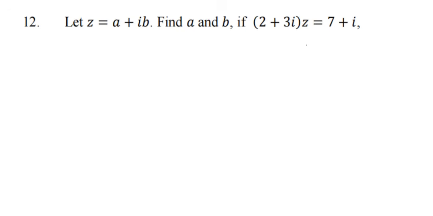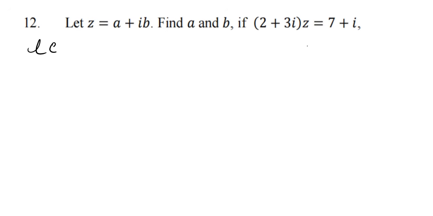Then we come to the last question in this tutorial sheet. Let z be that. Find a and b if that is that. Okay, so you can let the same expression. So we're going to let z be a plus ib. That's what they've told us.